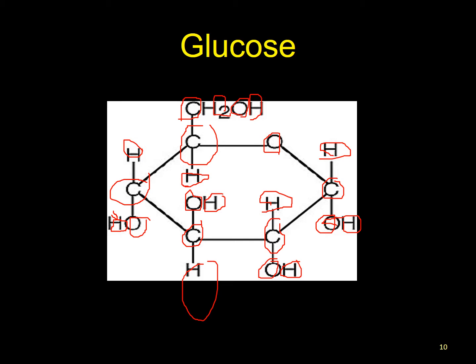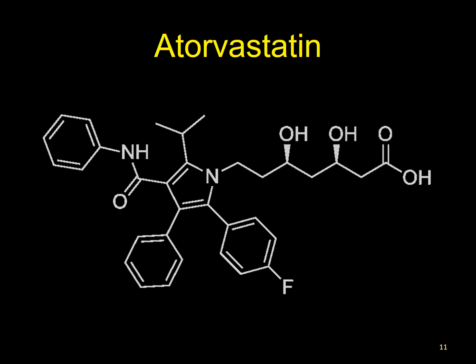composed of a series of elements that are held together by bonds. Here's an example in the form of atorvastatin. This is a very commonly used drug that I'm sure you know as Lipitor. And this is the chemical compound of Lipitor. Like everything here has an element. It's just not labeled. Usually the corners of these structures are carbon.